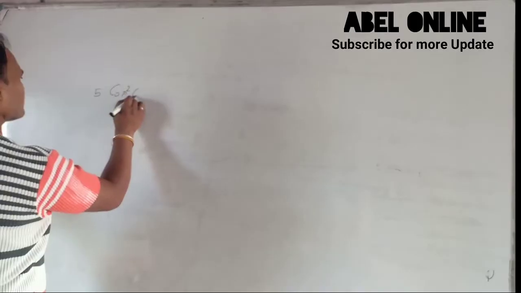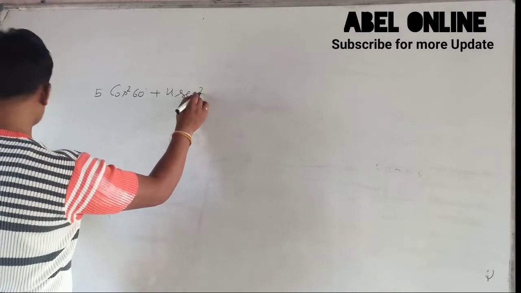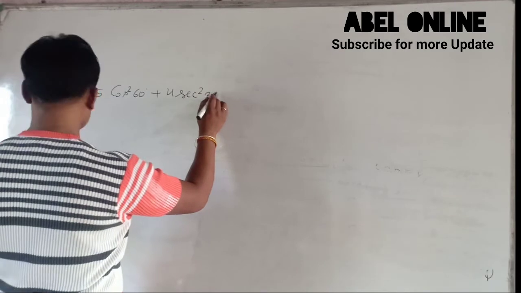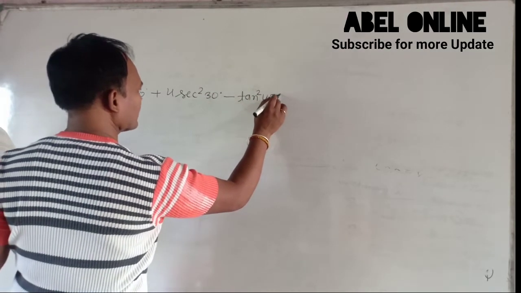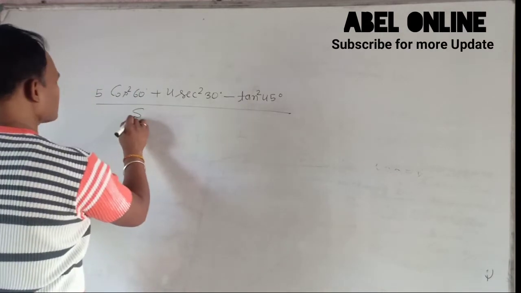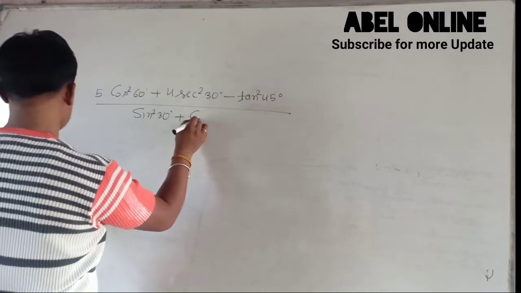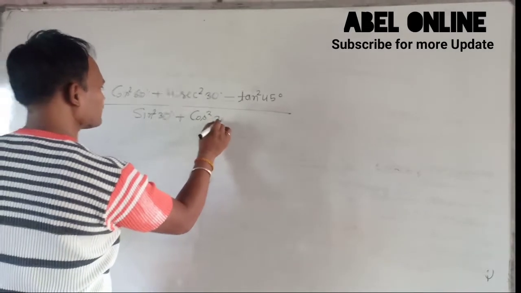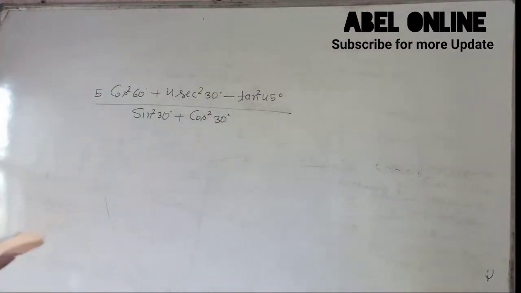Next question: cos square 60 plus 4 sec square 30 minus tan square 45 degree upon sine square 30 degree plus cos square 30 degree.